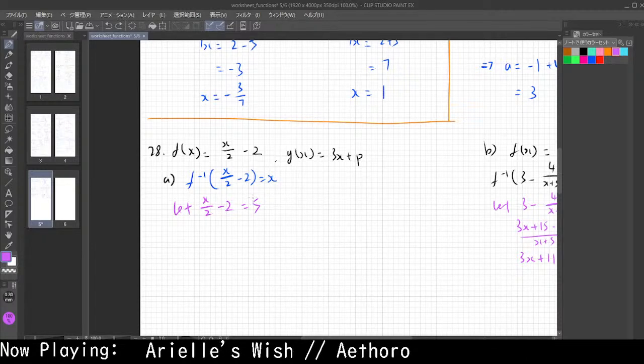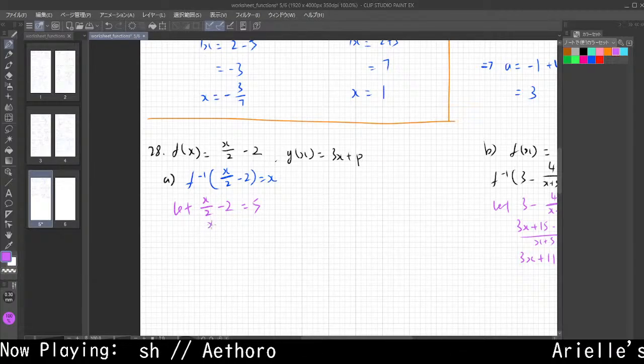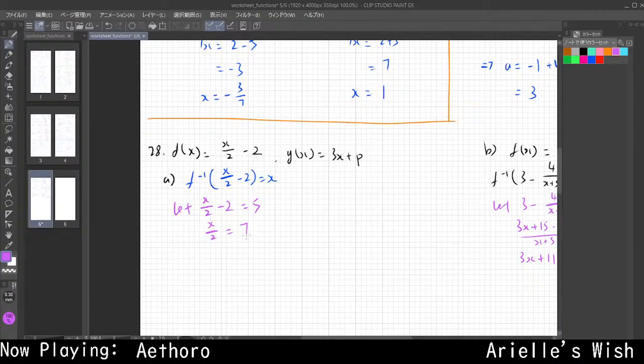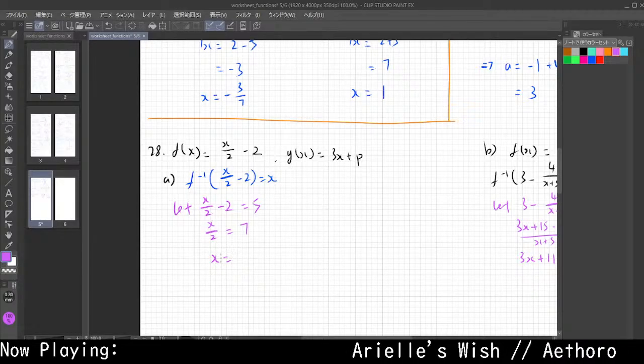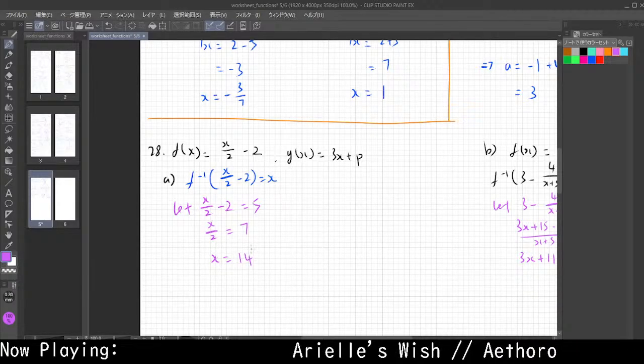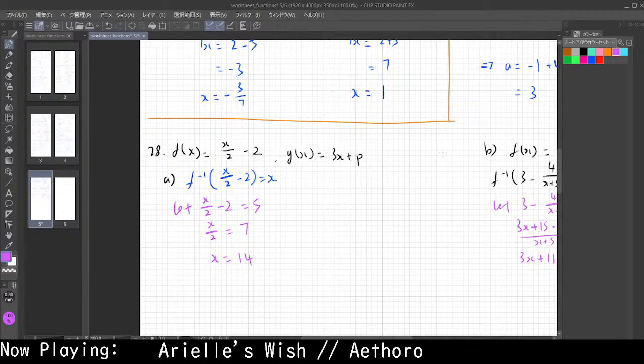So x over 2 minus 2 equals 5. Bring the 2 over, it becomes plus 2: x over 2 equals 7. 2 bring over to multiply, x equals 7 times 2, you get 14. Okay, done.